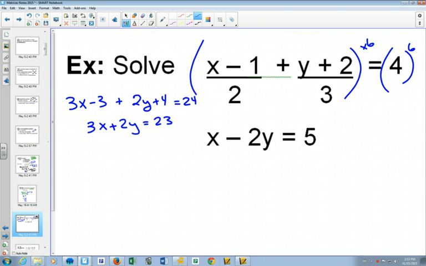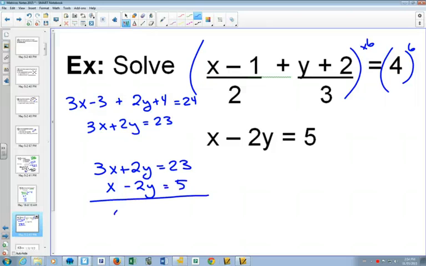I would probably lean towards elimination. So when I write the equations on top of each other, I notice I can add them right away. And so 4x is equal to 28, and I can figure out that x is equal to 7.